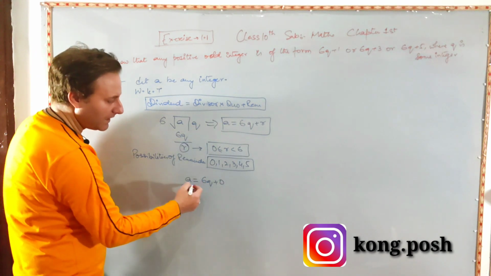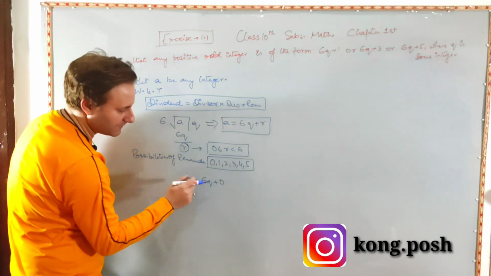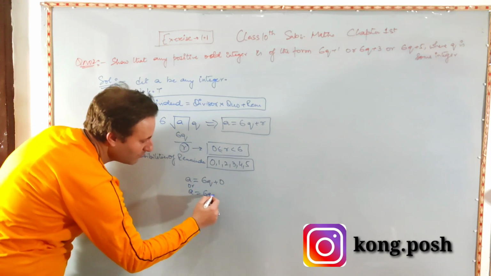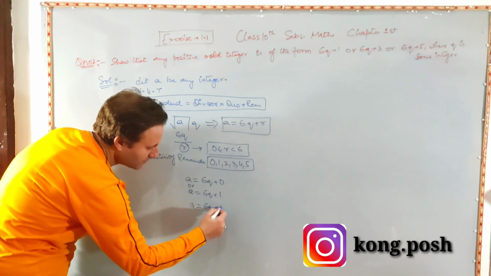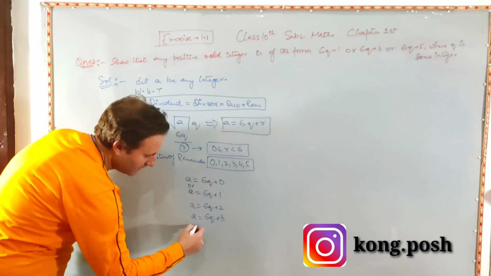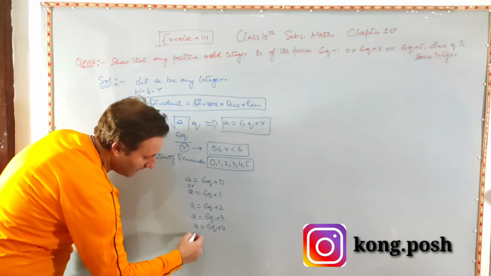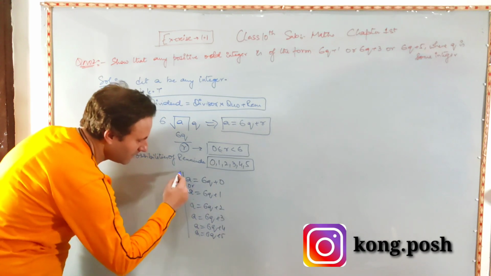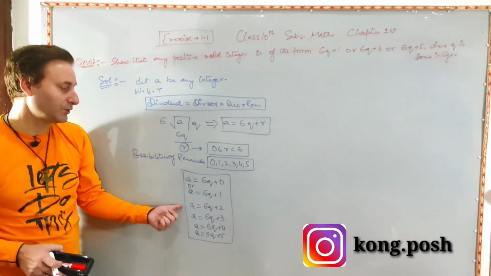So here a is equal to 6q plus r, where r can be 0. Then a can be 6q plus 1, 6q plus 2, 6q plus 3, 6q plus 4, and 6q plus 5 also. So these are the possibilities for the value of a.